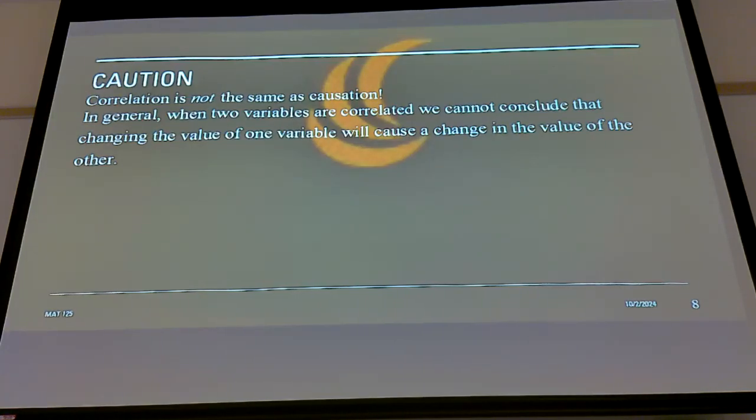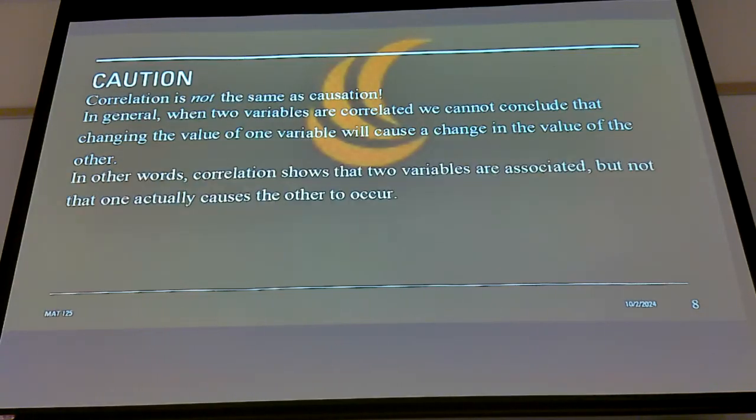If you have a correlation, you generally cannot conclude that changing the independent variable will cause for certain a change in the dependent. It's showing that they're associated, not that one causes the other.